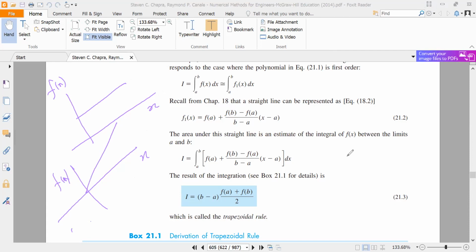But if we have our data changing in a different way, an example is there, you can have a look. Say your data is changing in this way, between the limits, say this is your x equal to A, this is your x equal to B. Now you see that your heights are nearly the same, isn't it? Your f(A) is nearly equal to f(B).